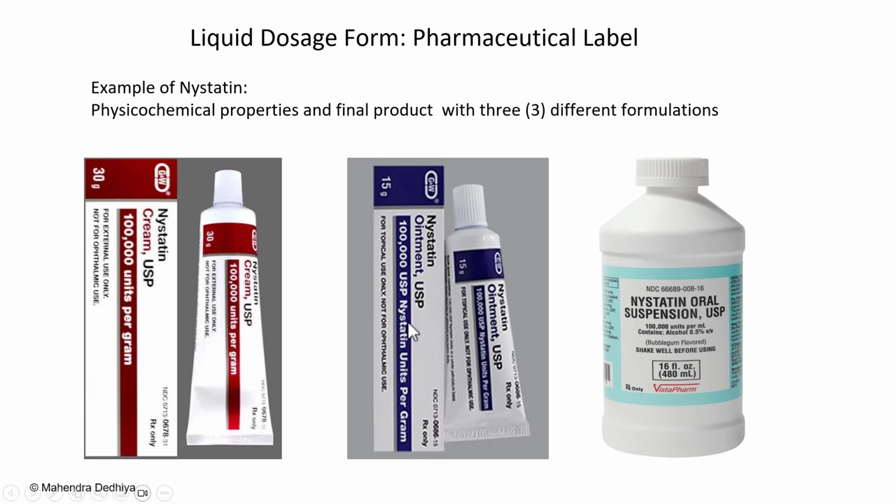It could be an ointment formulation as shown here. These two are topical, i.e. cream and ointments are topical dosage form. And nystatin also can be administered as an oral suspension, in this case 100,000 unit per ml, and it needs to be shaken well before administration.